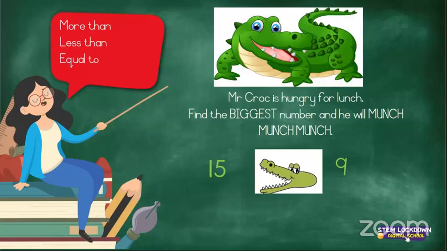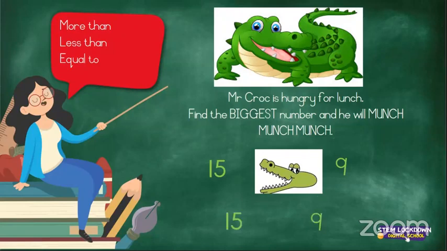Good. Right, so let's have a look and see how we will write that in numeracy or how we will write that in maths. Because I don't think we can draw Mr. Croc in our maths books, can we? No, I don't think so. So let's have a look. We've got 15 and we've got 9.